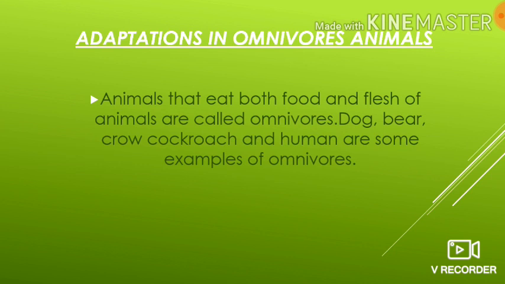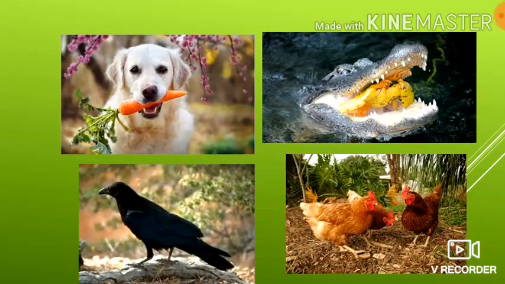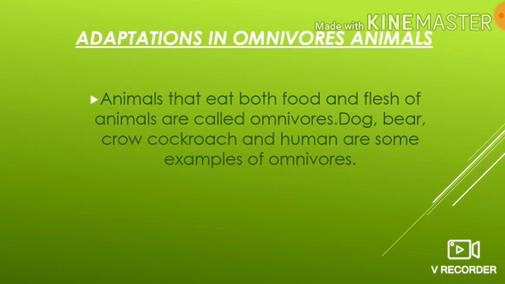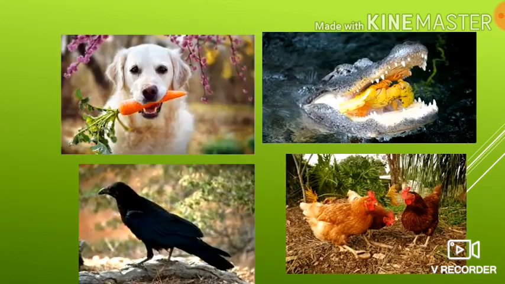Example: deer, dog, crow, cockroach, hen, and humans are some examples of omnivorous animals.